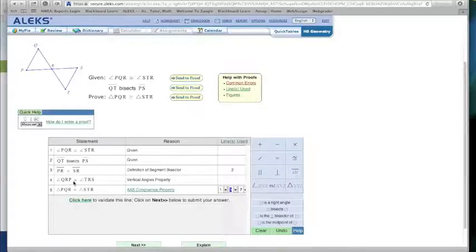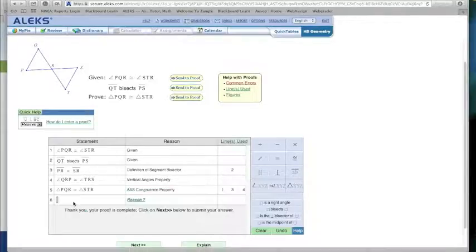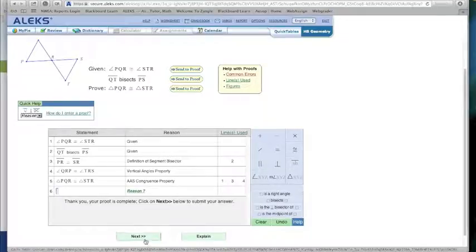And then QRP and TRS, that's this statement right here, which is statement 4. And then we can go ahead and submit this for grading.